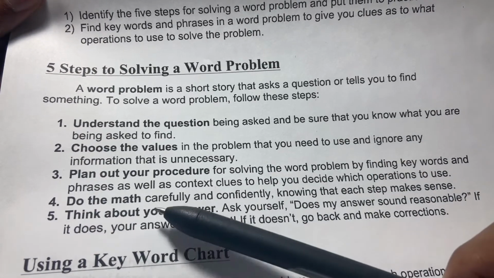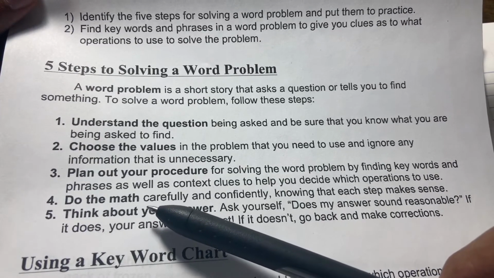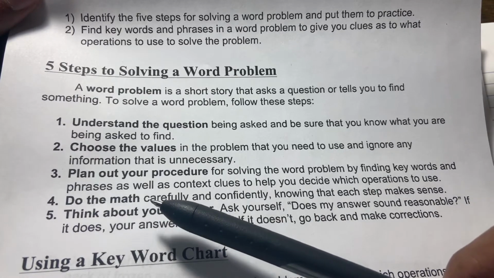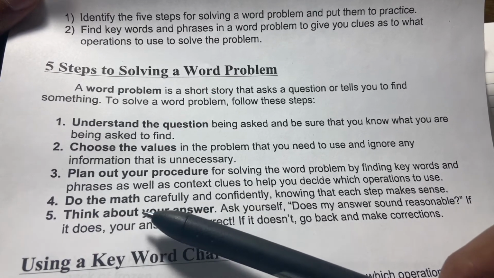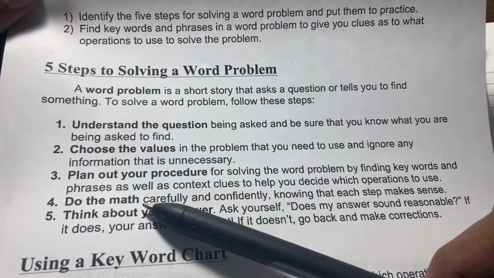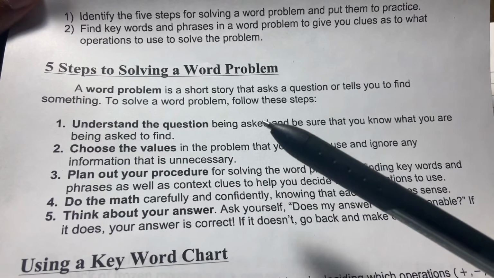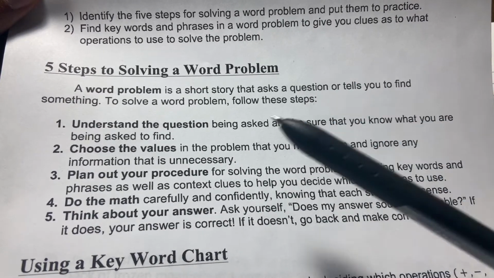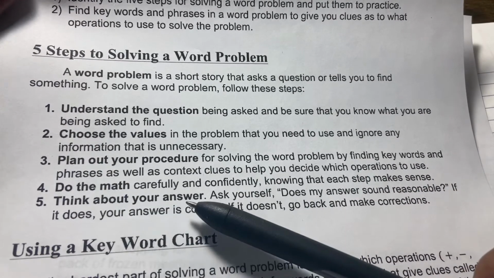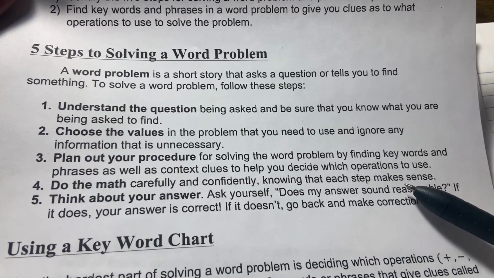Let me talk about that step really quick. Ladies and gentlemen, the purpose of this video is very, very clear. We're not going to assume or guess, like, I think I'm going to do this, I think I'm going to do that. No. Maybe that's what you used to do, but not anymore. Now we're going to read for understanding, know what we're doing, execute our plan, get our answer, and then step 5, we're going to think about the answer and ask ourselves, does my answer sound reasonable?